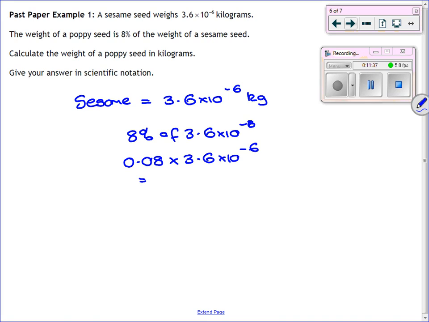And that gives me, oh good, it puts it straight into scientific notation anyway. It gives me 2.88 times 10 to the power of minus 7. So that means that one poppy seed is equal to 2.88 times 10 to the power of minus 7 kilograms.